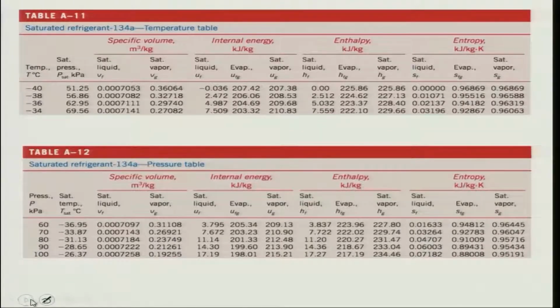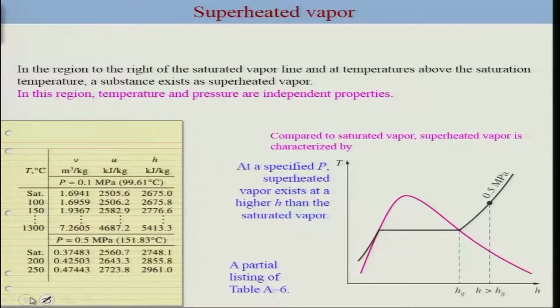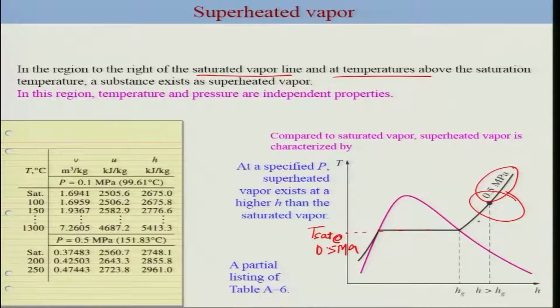Now let's look at the superheated vapor case. This is the case where the state is away from the saturated vapor line, on the right side of the saturated vapor line, and at a temperature above the saturation temperature. What does it mean? Let's say you take a pressure of 0.5 megapascal; the saturation temperature corresponds to this pressure. This particular point, represented by the circle, has a temperature greater than T sat at 0.5 megapascal.